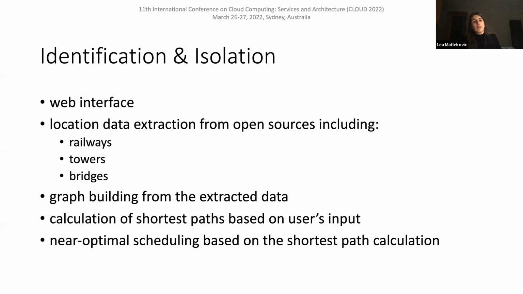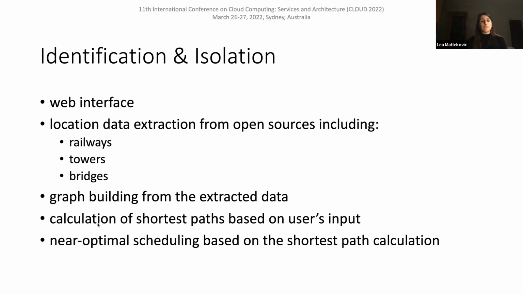Here it's important to mention that graph building is triggered only when new locations are added, new bridges, new towers, which doesn't happen very often. It's not that they build a new bridge every day. So this is not something where we would expect a high demand.